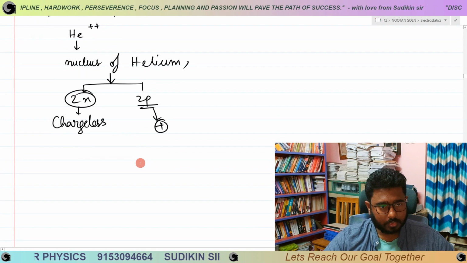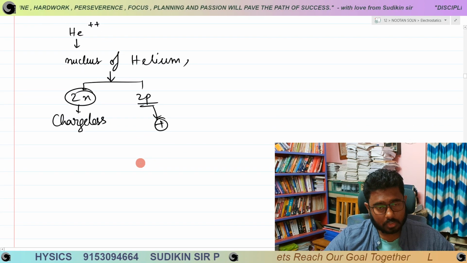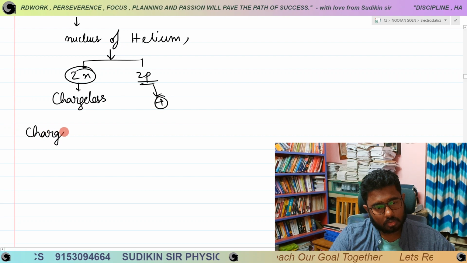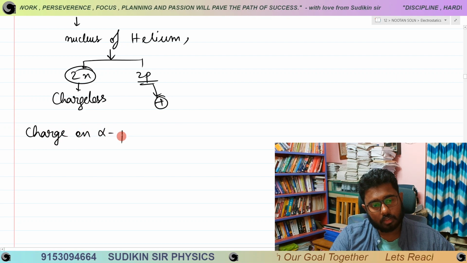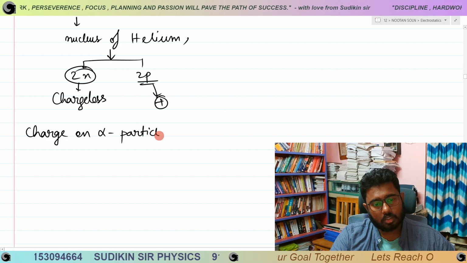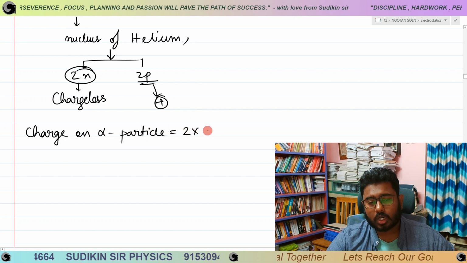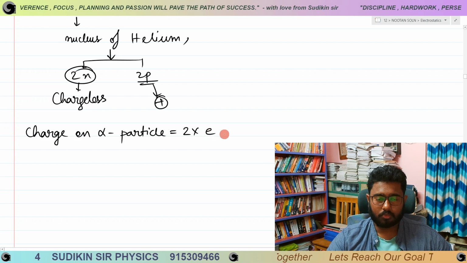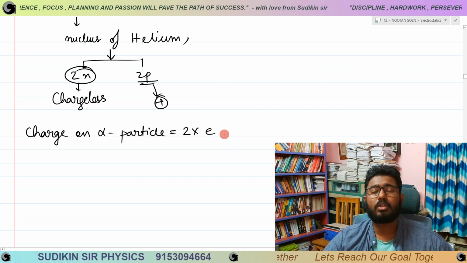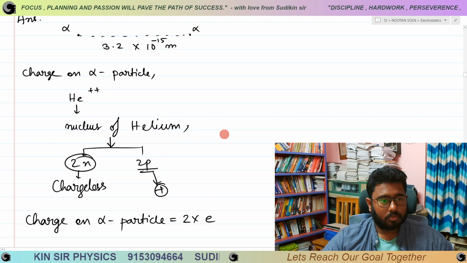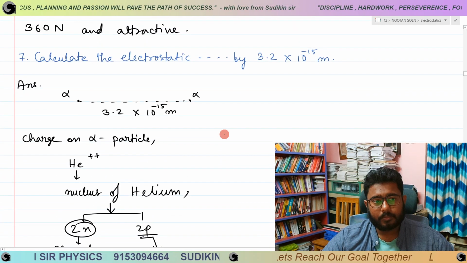Okay, that means the nucleus of helium is doubly positively charged. So the charge on alpha particle is 2 into charge of an electron. Let me write it as e. We know the value of e as 1.6 into 10 to the power minus 19 coulomb. Okay, so that is the charge on alpha particle.